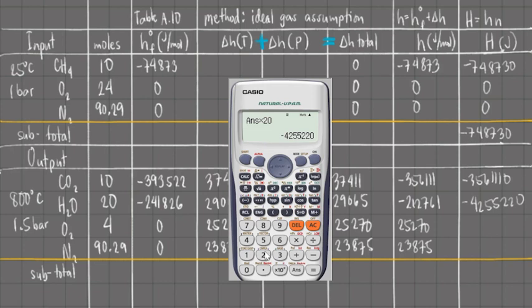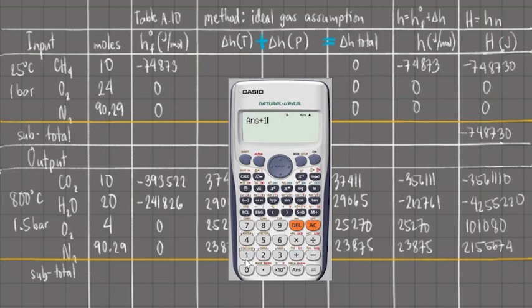For oxygen, that is 4 moles times 25,270 joules per mole, that is 101,080. For nitrogen, that is 90.29 times 23,875. That is 2,155,674. And finally, let us add all of the enthalpy terms in the outputs. So we have here the one for nitrogen.